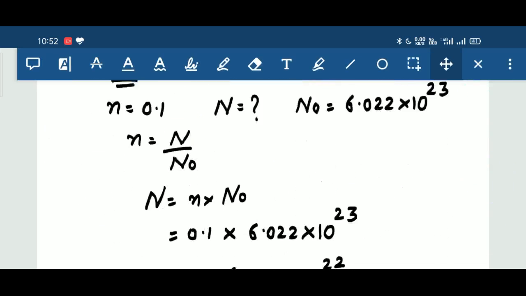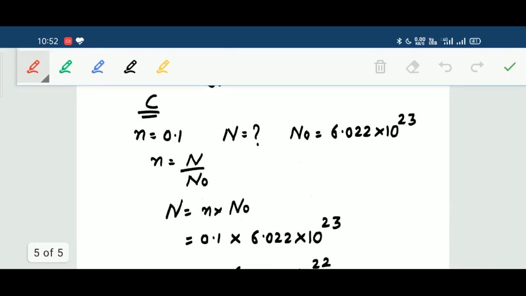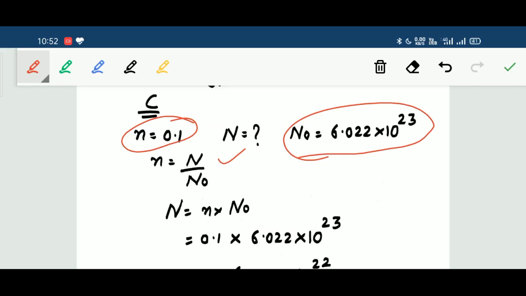Or we can also solve this question using the formula, that is small n is equal to capital N upon N naught. In this case, number of moles is already given, and Avogadro's number we already know, and we have to find capital N, that is number of carbon atoms. Now students, one thing that you should always do is always write the formula of the substance at the top, because the formula exactly tells us whether the particles are atoms or molecules.